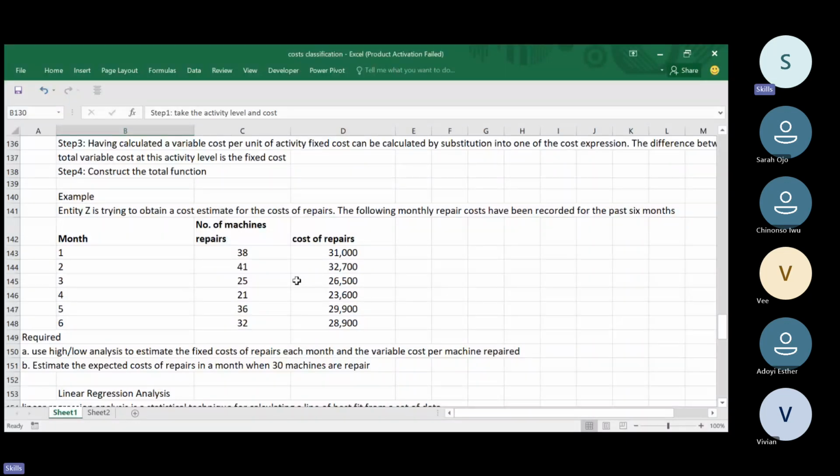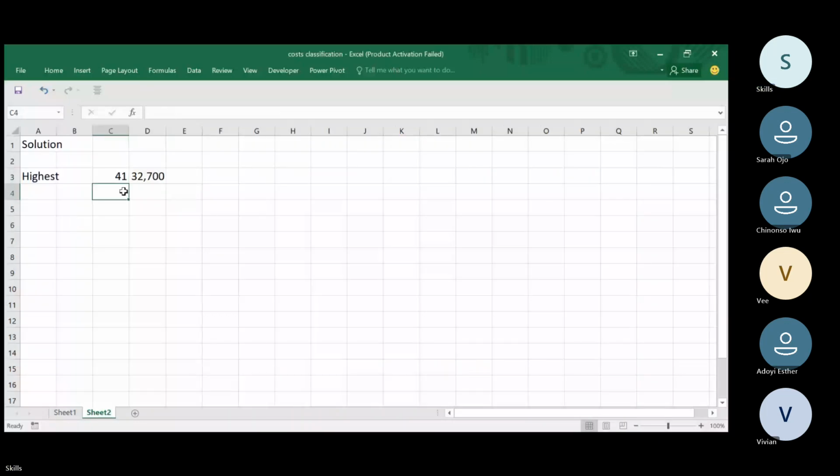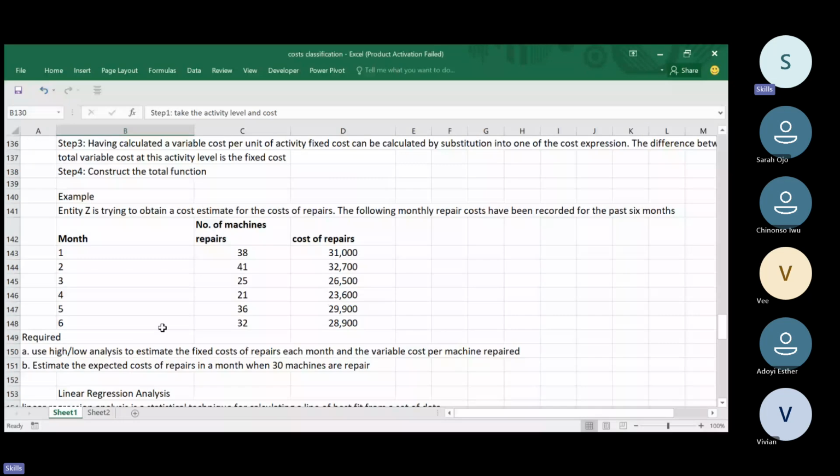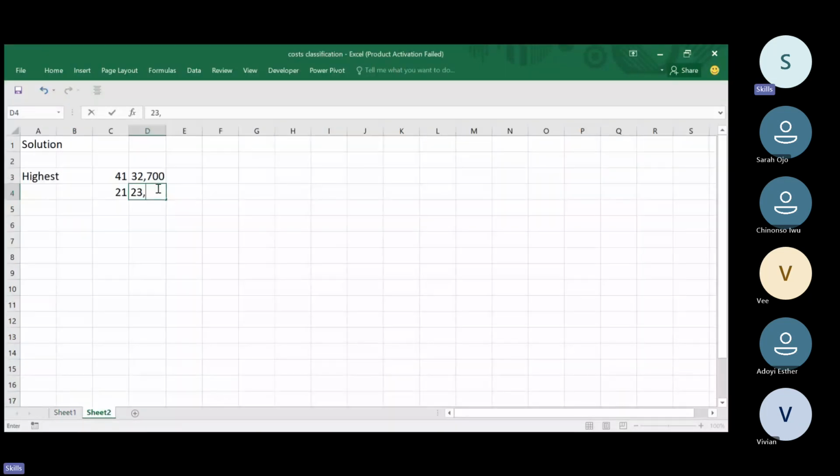The highest one is 41 with the corresponding cost of 32,700. The lowest, 21, with the corresponding cost of 23,600. So now we'll come here and say 21 with the corresponding cost of 23,600.